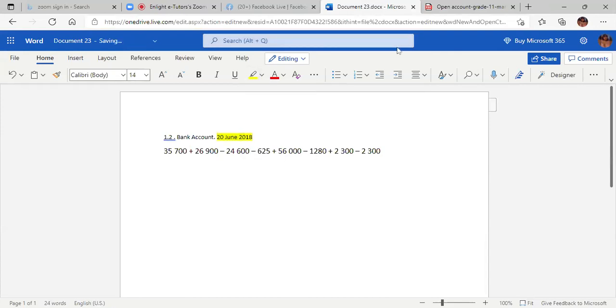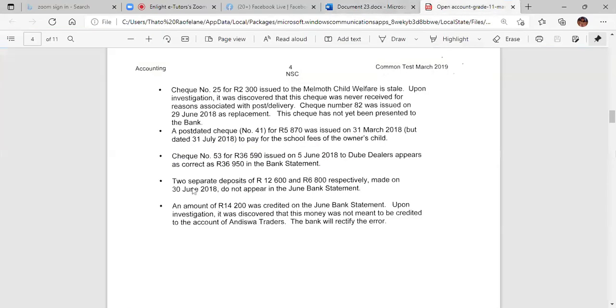And this check is dated for the 31st of July 2018. So it's a check for next month. We will account for it next month. Do you understand it? Yes.